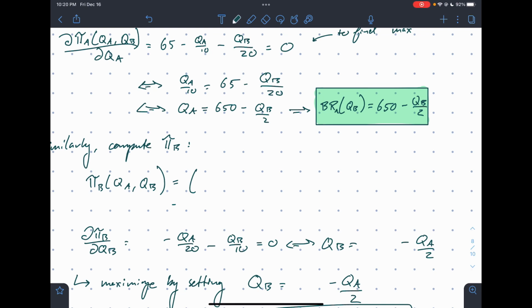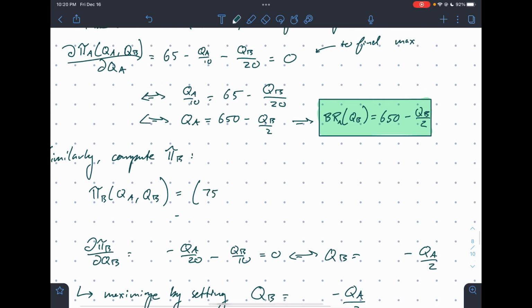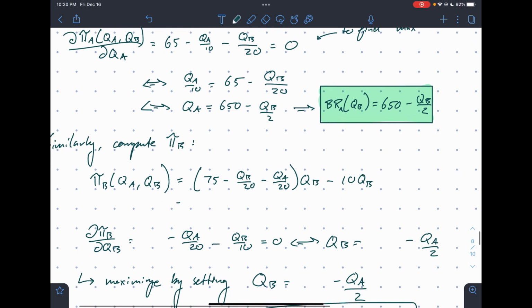Okay, so the profit of firm B is going to be found similarly. So we're going to have 75 minus QB minus QA over 20 times QB minus 10 QB. So this ends up being 65 QB minus QB squared over 20 minus QA QB over 20.